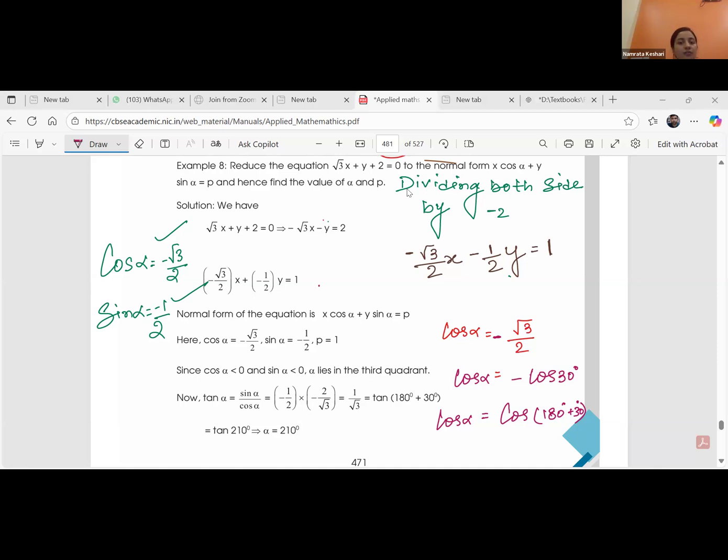Aisha, are you getting it? Aisha? Yes. Aisha, are you getting? Manvi, are you getting? Yes, ma'am. Yes, Manvi, do you understand the conversion?